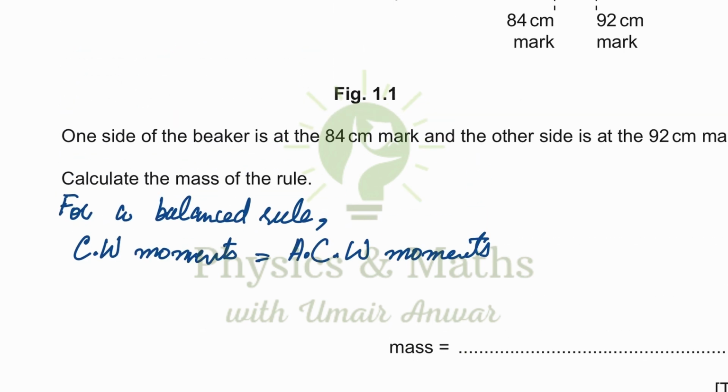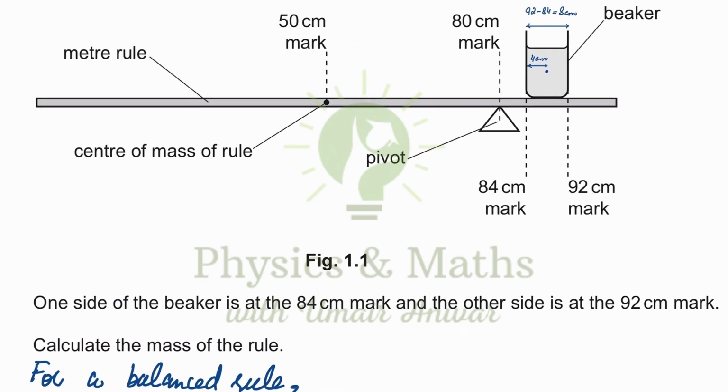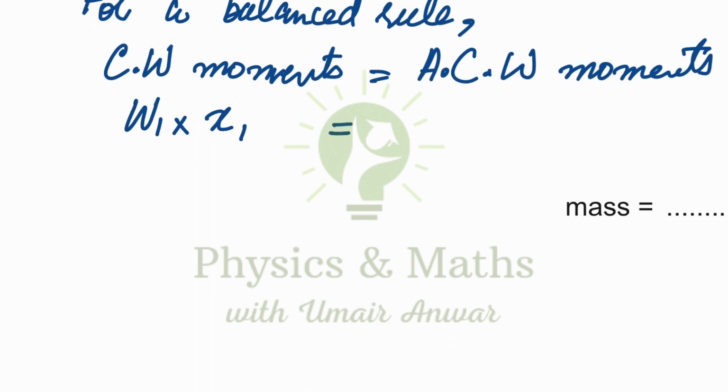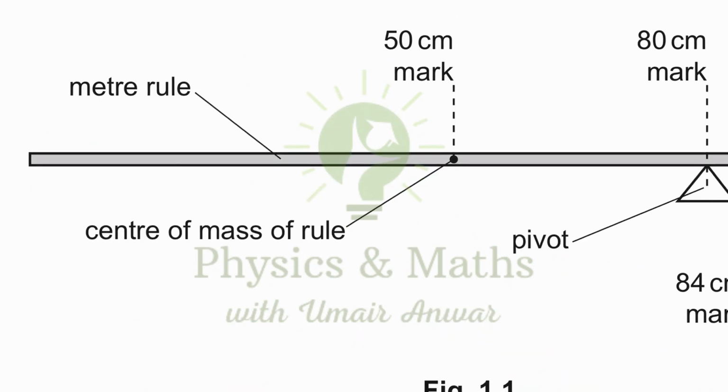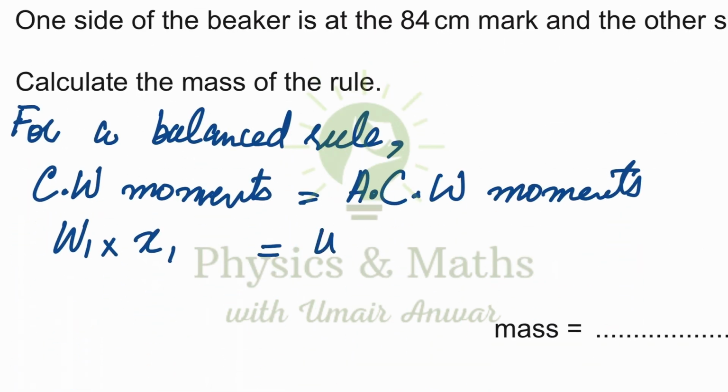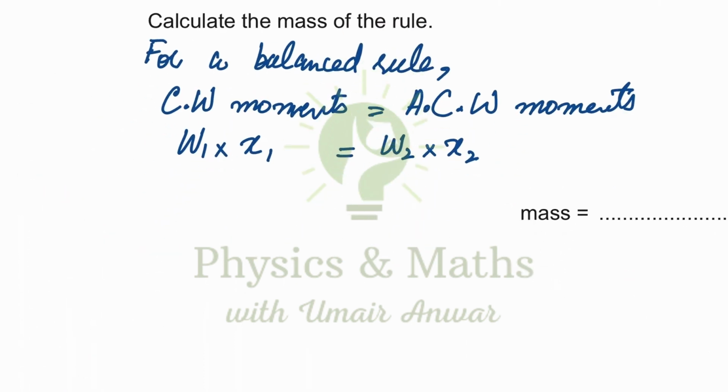So the clockwise moment is being produced by the beaker here, and we know that it would be weight of the beaker multiplied by the distance of the beaker from the pivot. Similarly, anti-clockwise moment is being produced by the rule here, which is to the left of the pivot. So it would be weight of the rule multiplied by the distance of the rule from the pivot.